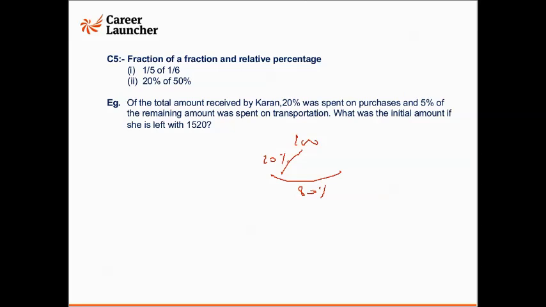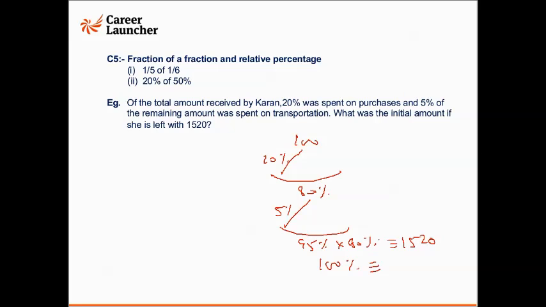And the question says 5% of the remaining amount was spent on transportation. 5% has been spent from 80%, so now the remaining will be 95% of 80%, and that is equal to 1520, which is given because she is left with this amount. The question is asking for the initial amount, that is 100%. So you need to calculate the 100% value.